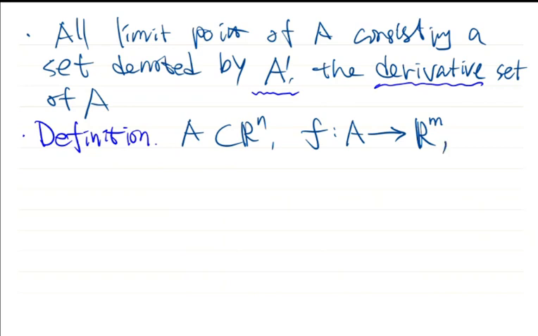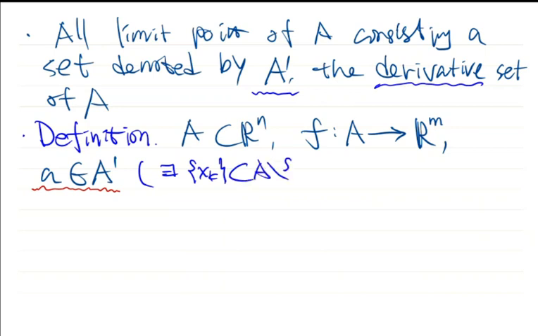And a is a limit point of our set A. We can simply denote this by a belongs to the derivative set of A. This means by definition that there exists a sequence xk in A, but xk not equal to the point a, such that xk converges to a.